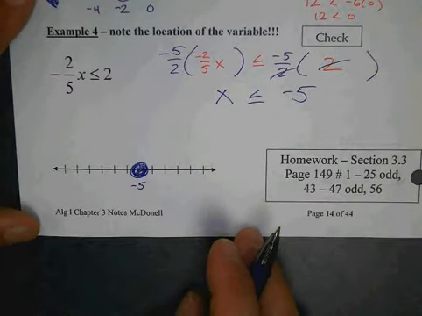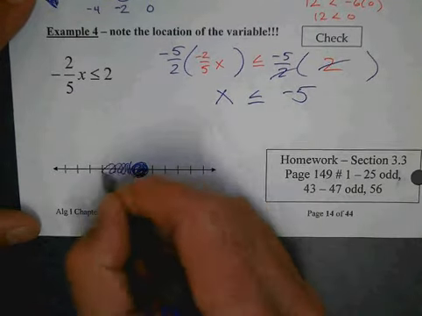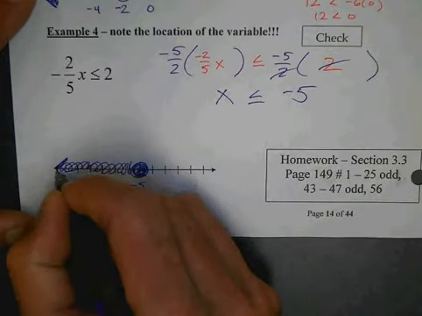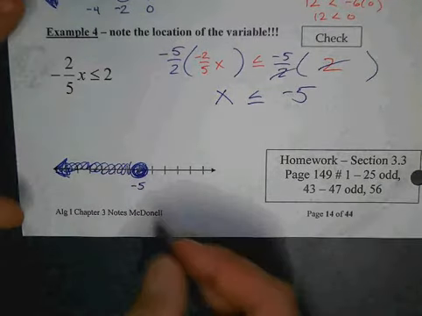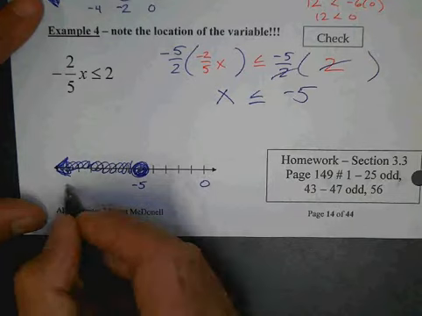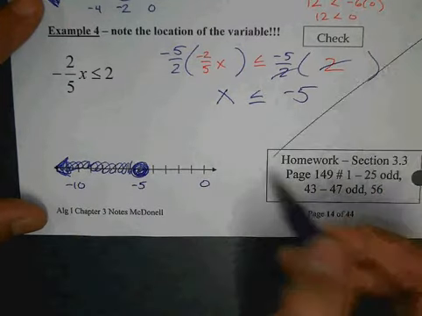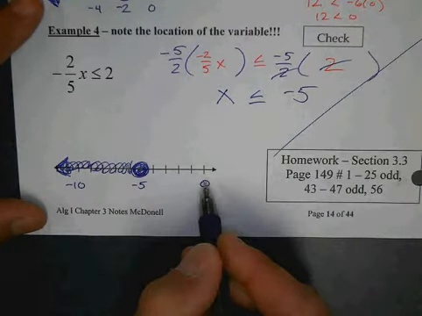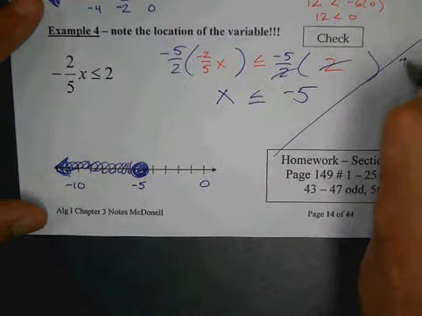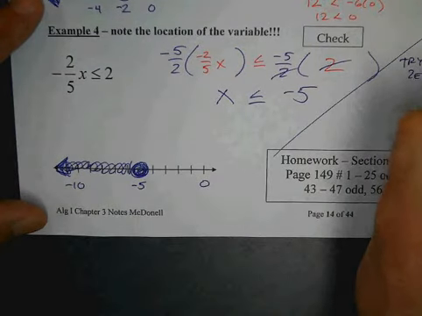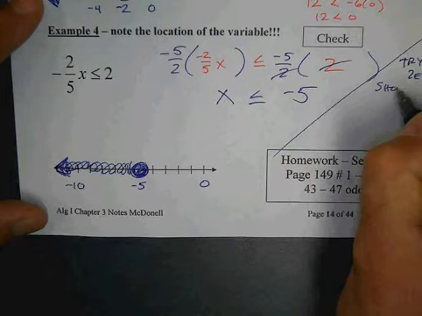Okay, we shade to the left. All right, let's check it. Pick a number that's obviously, okay, 0. Should 0 work? Okay, so we're going to try 0. It should not.